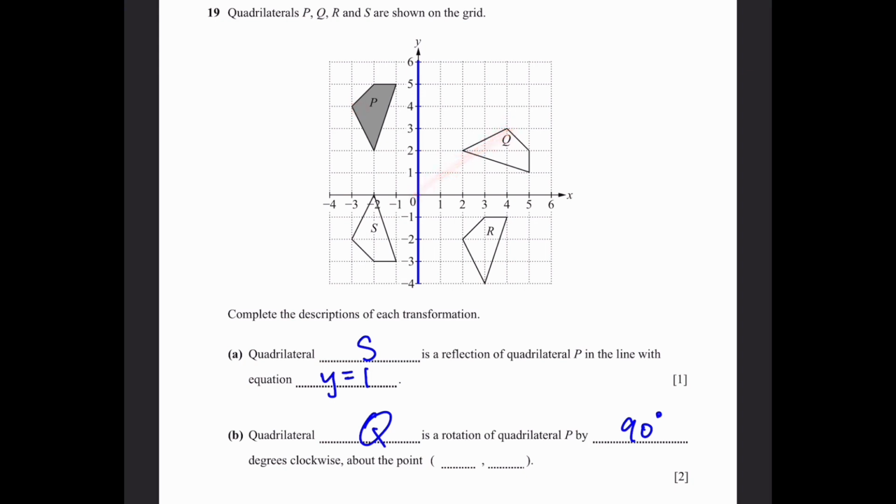Take the origin. This is 4 down and 3 right. This is 4 right and 3 up. Makes sense, because they're just different directions as it's rotated. That means the point is 0, 0.